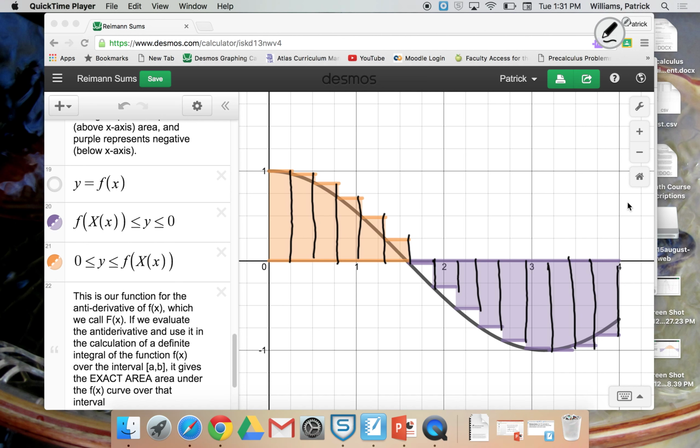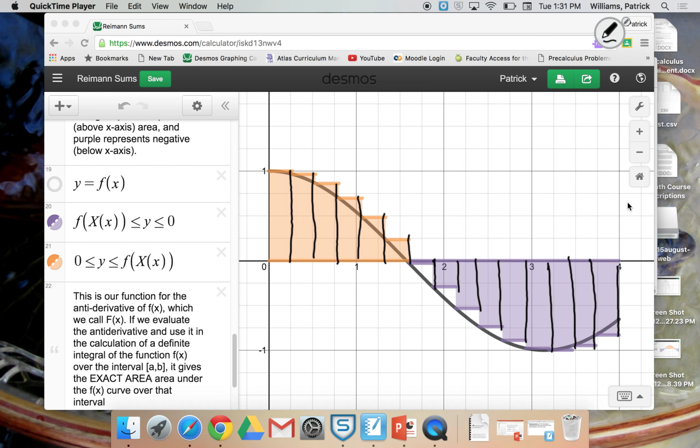So whenever we calculate the height of a rectangle in a particular subinterval, we are going to be looking at that leftmost point. Another way to visualize that is the left corner of the rectangle. It could be upper or lower depending on if it's above or below the x-axis. But anyway, that upper left point or that lower left point is always going to be touching our particular function.